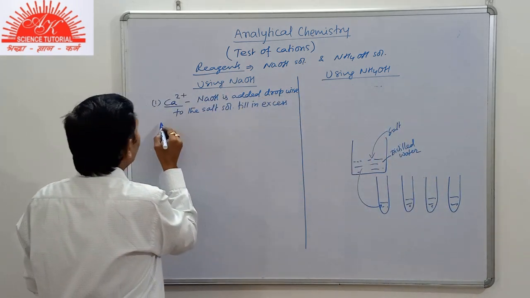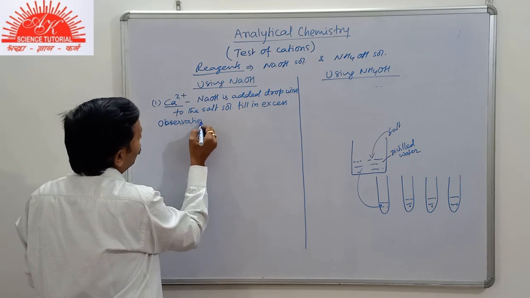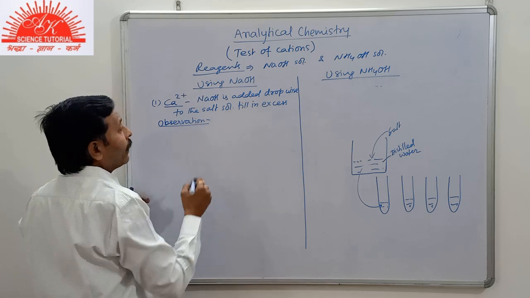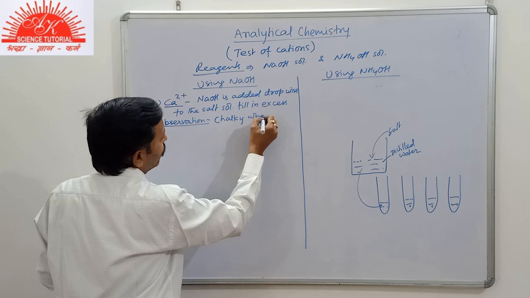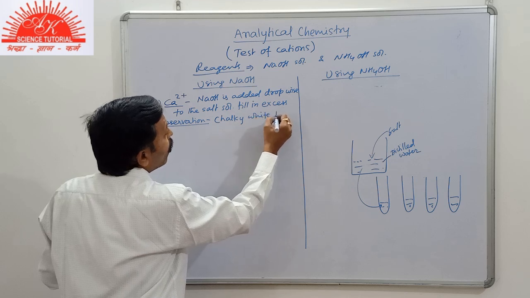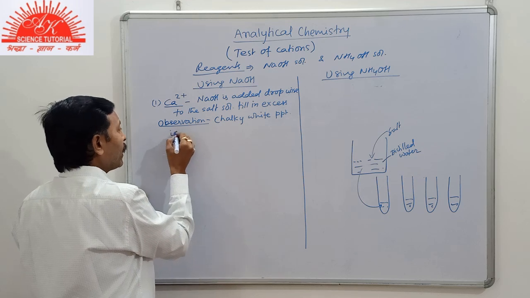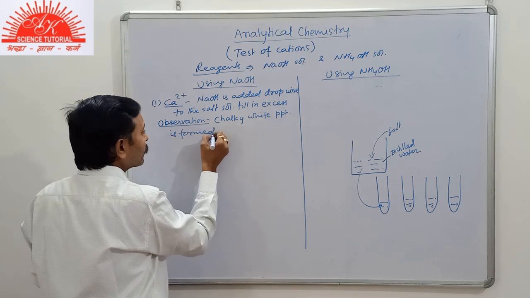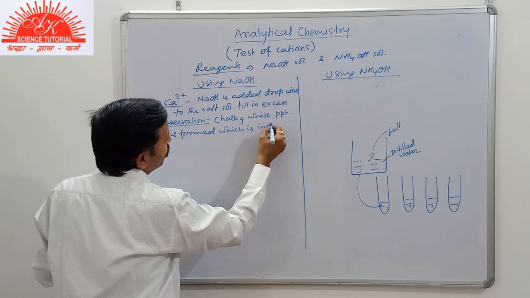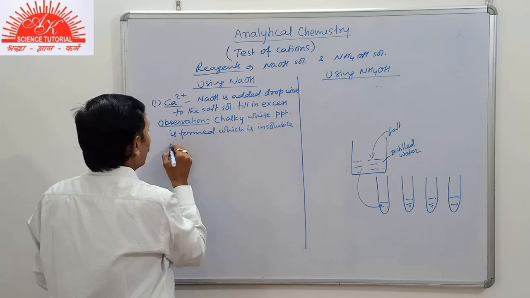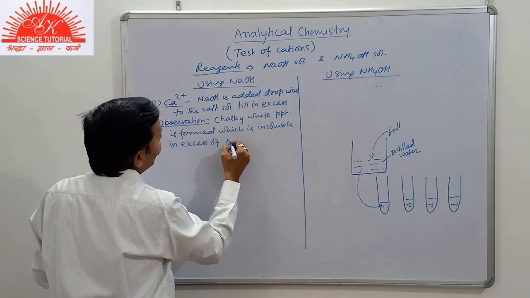Now, what will be the observation? Here we write: chalky white precipitate is formed which is insoluble in excess of NaOH.